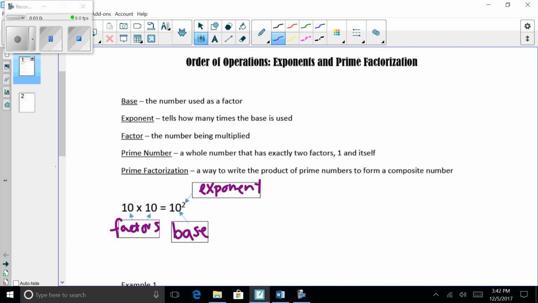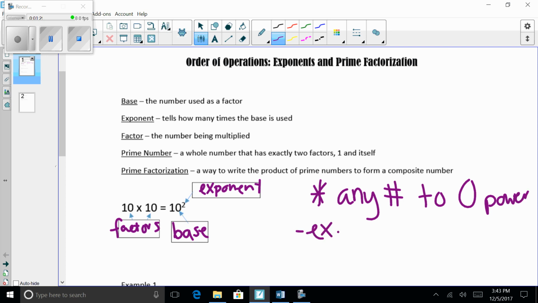So what we need to know about exponents is there is a specific rule that says any number raised to the power of 0 is always going to equal 1.